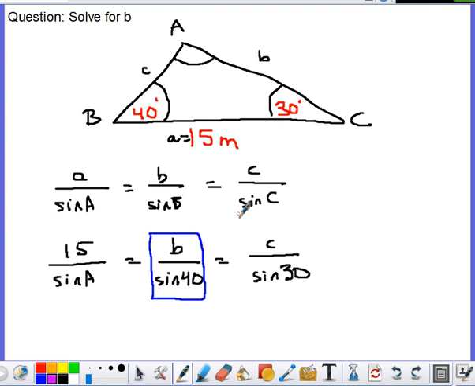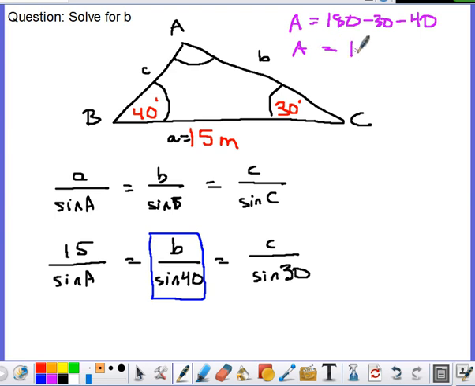Whenever you run into a non-right angle triangle problem, if you look at this triangle, we have 2 out of 3 angles. What that means is we can solve for angle A quite simply. We can do 180 minus 30 minus 40, and then A equals, I think it's 110, but I'm going to double check here.